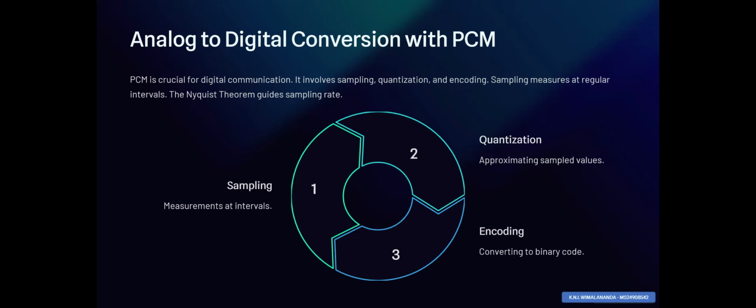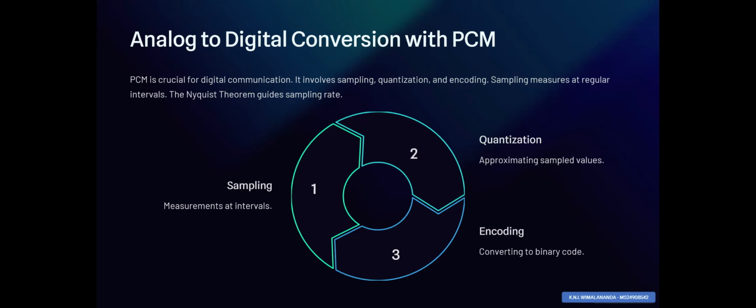Sampling takes the measurement of the analog signal at regular intervals. So according to the Nyquist theorem, we must sample at least twice as fast as the highest frequency component to accurately reproduce the original signal.